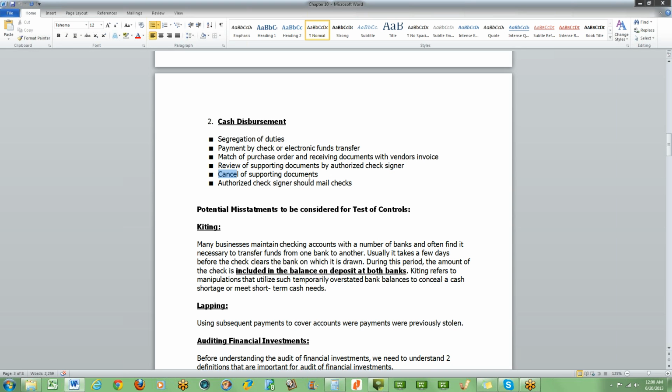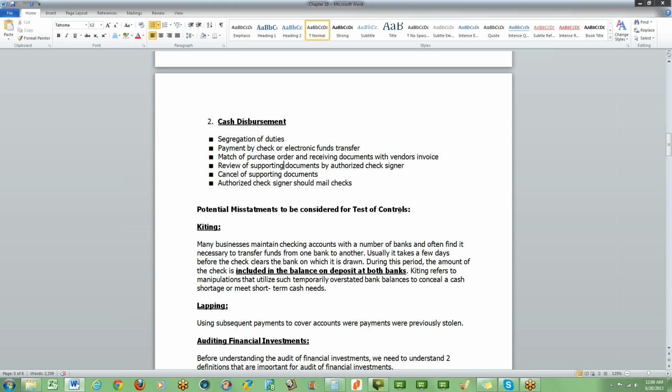Okay, and at that point supporting documents are defaced, stamped paid, and then filed. Then checks should be mailed out immediately, so checks are not left unattended. Okay, so that's the disbursement cycle. Again, segregation of duties is important over here as well.